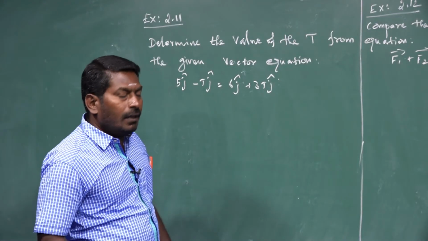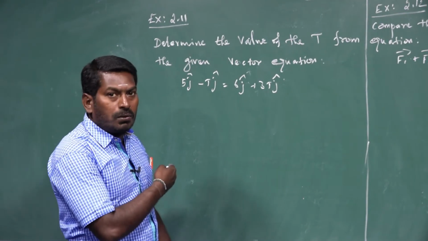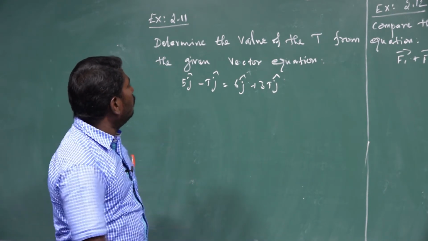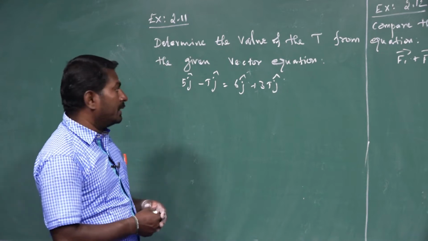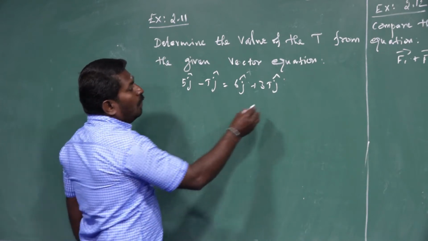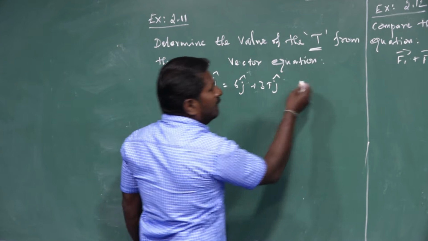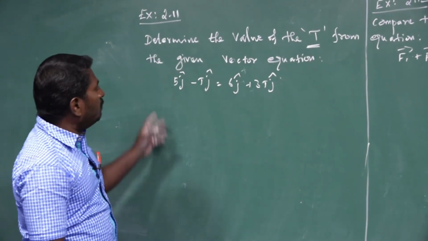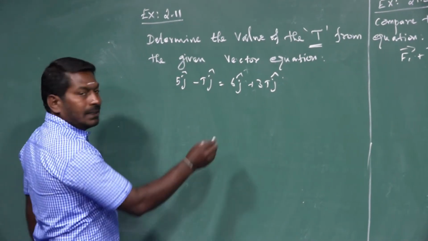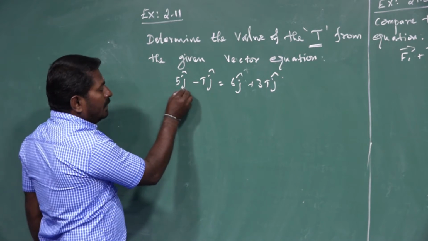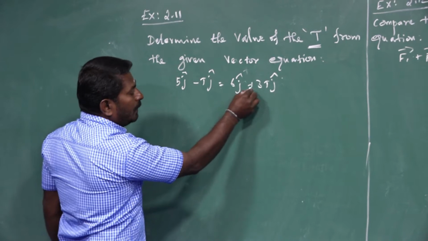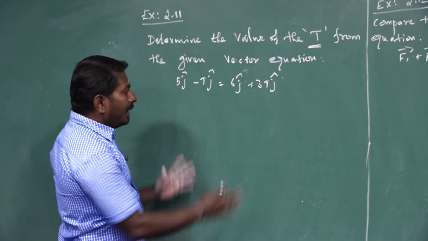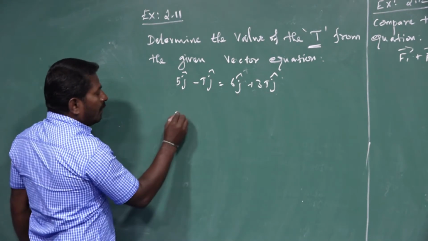Dear students, next we are going to see one more solved problem, example 2.11, on the basis of comparing the components of a vector. Determine the value of t from the given vector equation: 5 j cap minus t j cap is equal to 6 j cap plus 3t j cap.